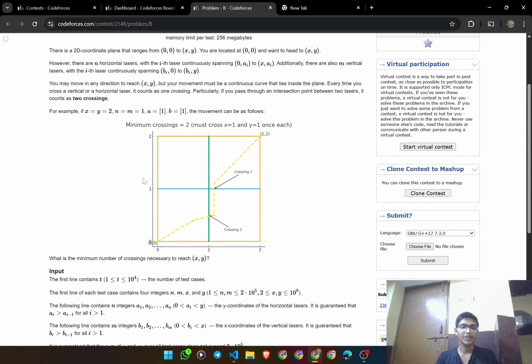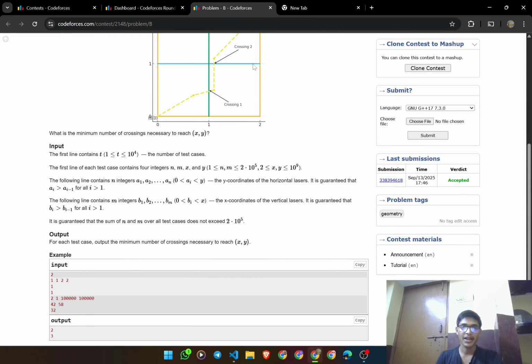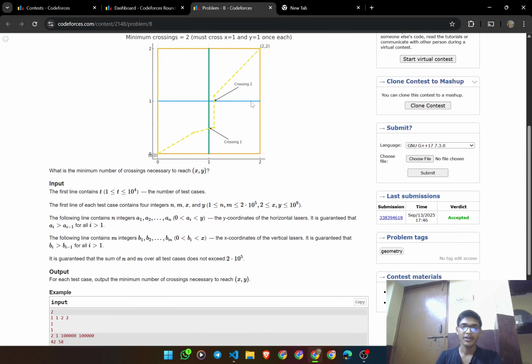But the constraints are given that this line should not be less than these points. For example, if it is a 2 on the x-axis, this line will be x.